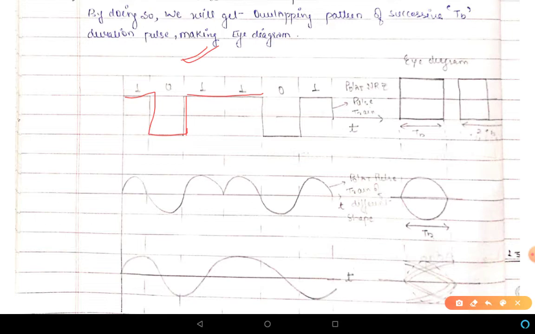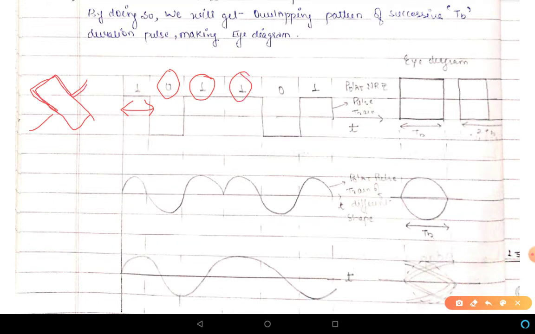First of all, corresponding to 1, this duration is TB, and then corresponding to 0, minus V will come, so it is like this. Then corresponding to 1, again it will overlap here, then again corresponding to 1, this will overlap here, and corresponding to 0, this will overlap here, and so on. So this is the eye diagram that we will get, and which is shown here.